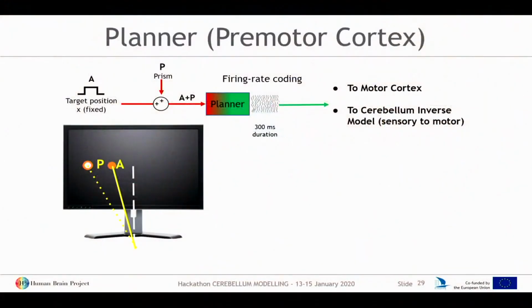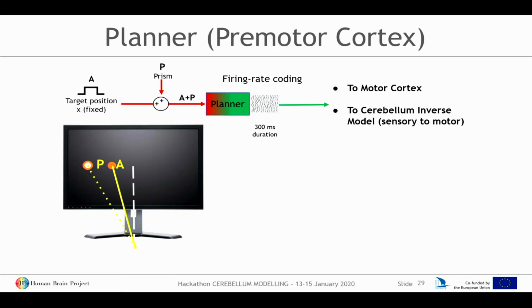Very nice integrative work. I was wondering how the planner is implemented. Maybe I just missed it. Okay, I can go back. So the planner is kind of simple. According to what we see, the target position plus the deviation from the prism, we know where we want to go, and the conversion is firing rate based.